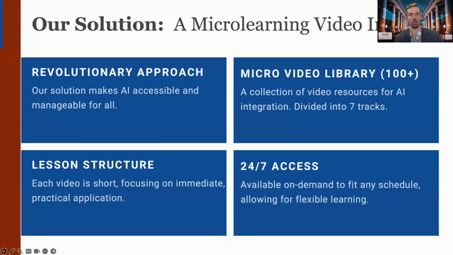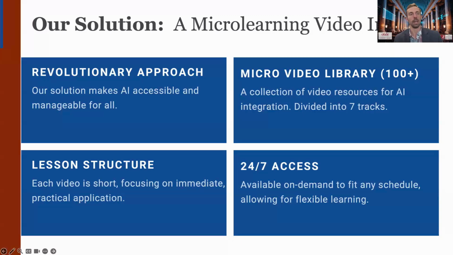We've got 7 different learning tracks that we'll get into, where faculty can filter and find applicable information for them. You can go down one of those learning tracks and watch 7, 8, 10 videos, and really focus in on course development, preparation, assessment, ethics and privacy.